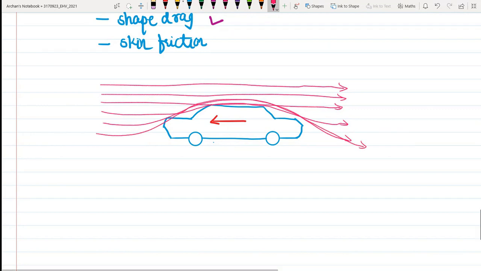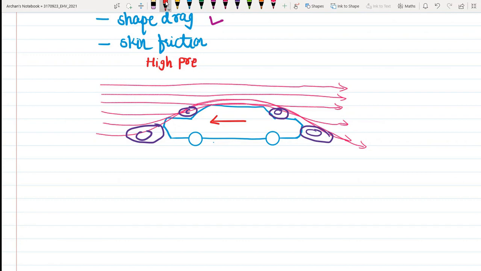Because of this action, these two areas in front will experience very high pressure compared to the other areas. And the two areas on the back side of the vehicle will experience a low pressure.